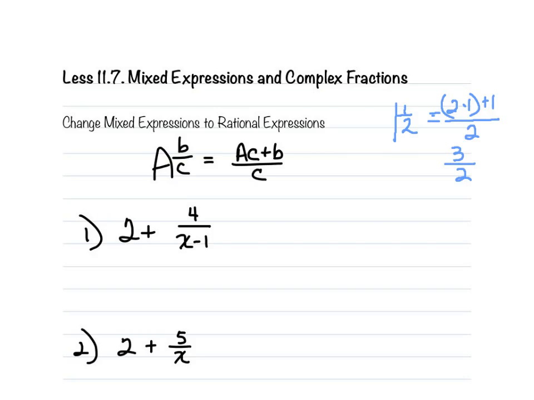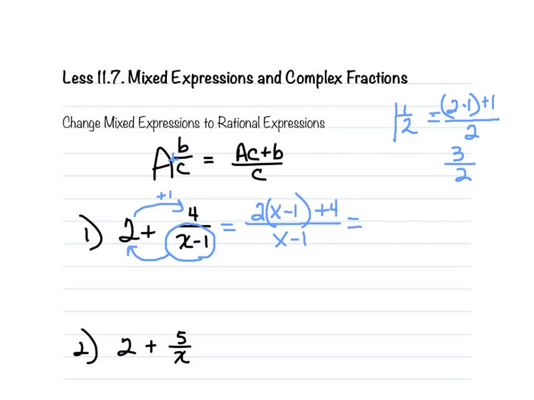So here's the rule. A and B over C, there is an invisible plus sign here, A plus B over C equals AC plus B divided by C. Okay, so let's go ahead and apply this same rule to these mixed expressions. Okay, so we're going to take the denominator x minus 1 times 2, so I'll write it this way, 2 times x minus 1, and then we're going to add 4, plus 4 over x minus 1.